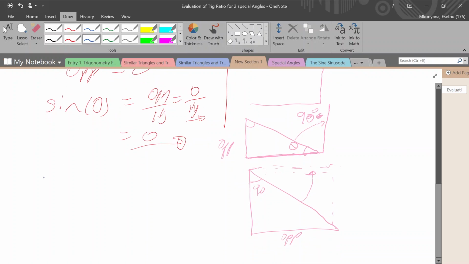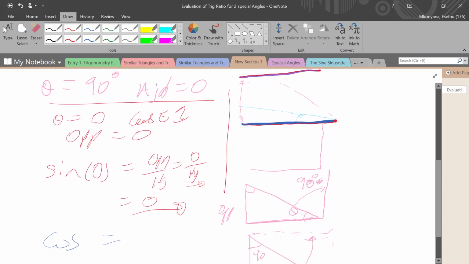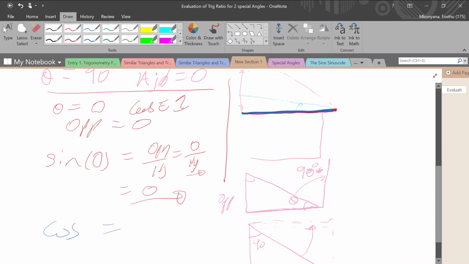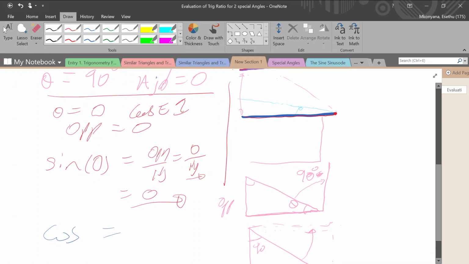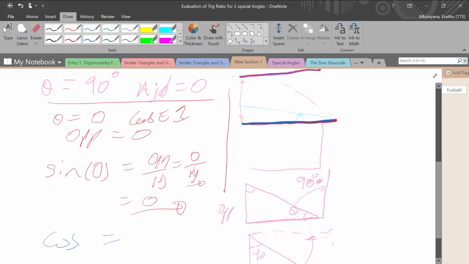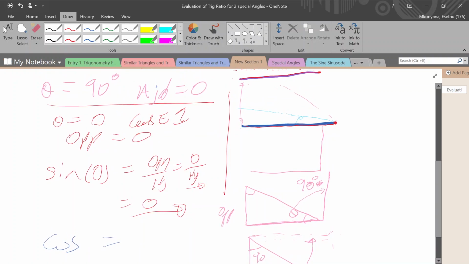We can go to cos and say cos of 0. Remember, in the case where theta is equal to 0, the hypotenuse comes and lies exactly on top of the adjacent, so they become equal.